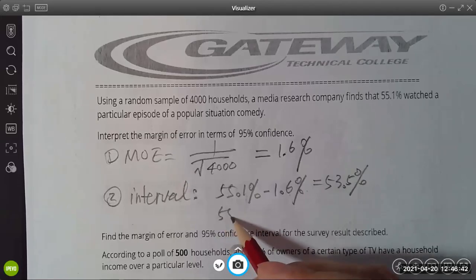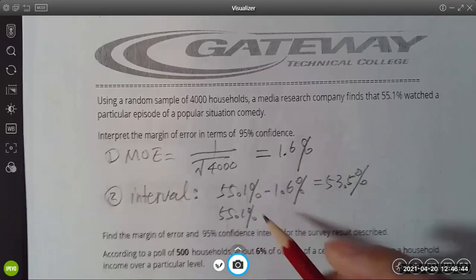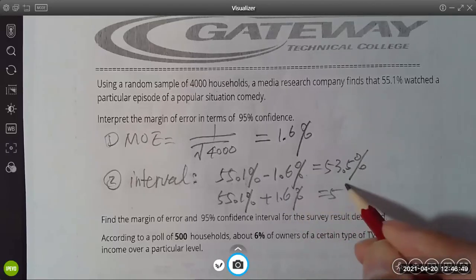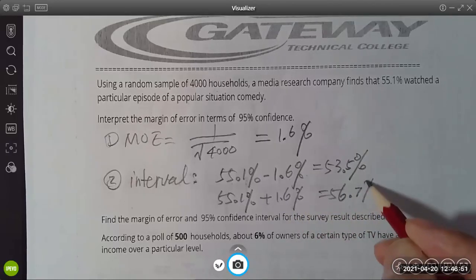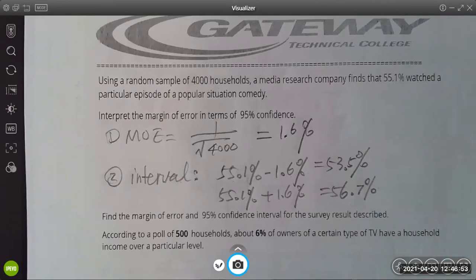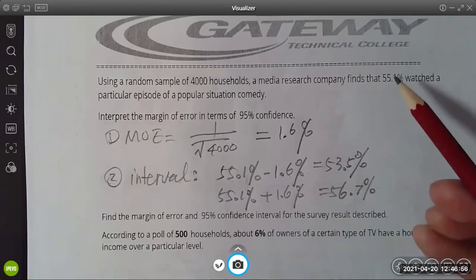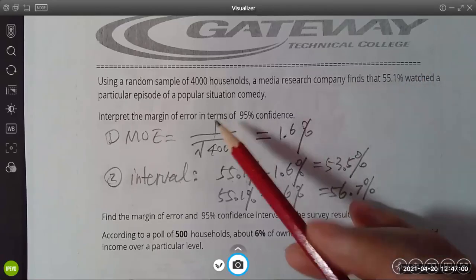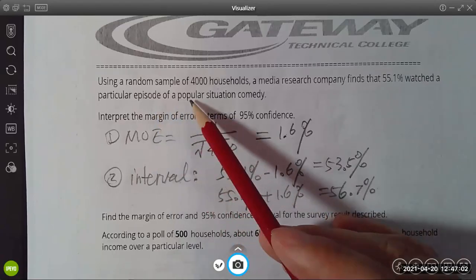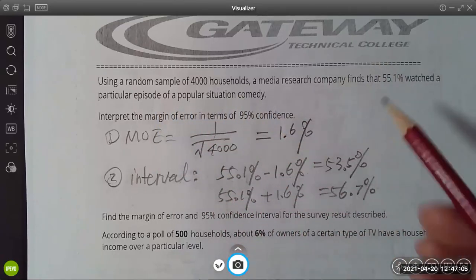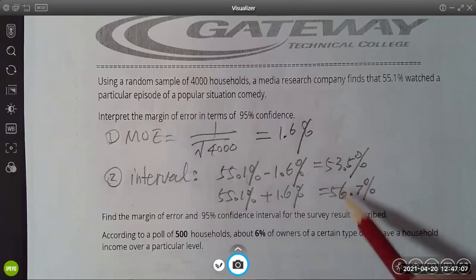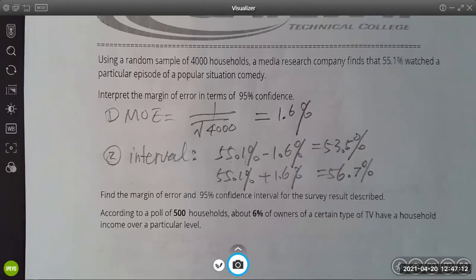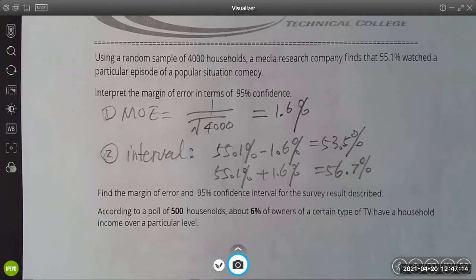Upper bound is 55.1% plus 1.6%, which gives us 56.7%. Now, the interpretation is that there is a 95% chance that the actual percentage of all households who watch this particular episode of the comedy is between these two numbers. 95% chance, the true percentage is between these two numbers.